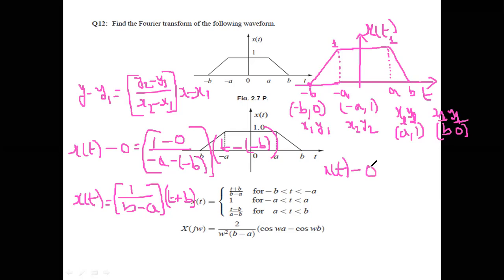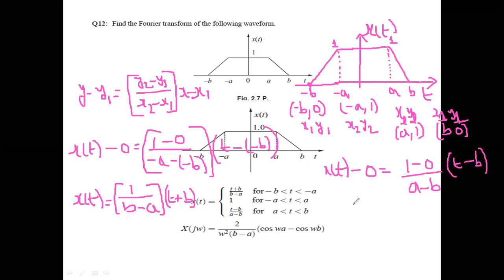The 0, is equal to y2 minus y1, y2 is 1, y1 is 0, and x2 minus x1, a minus b, into x, t minus x1, that is b.